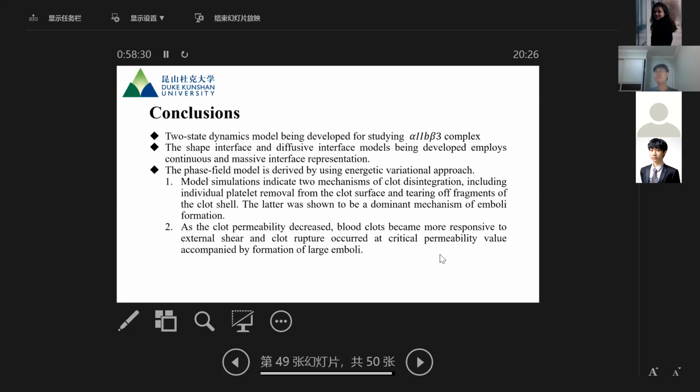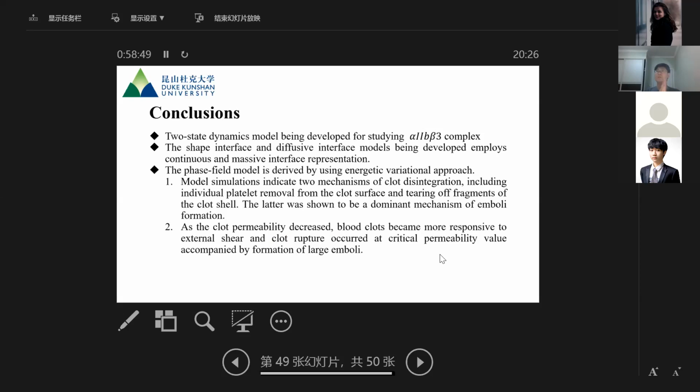So there are a lot of reactions behind the formation of the clot. But here, I didn't provide enough information on the clot formation. Especially for my large scale, I only consider the deformation of the clot for a given formed clot.